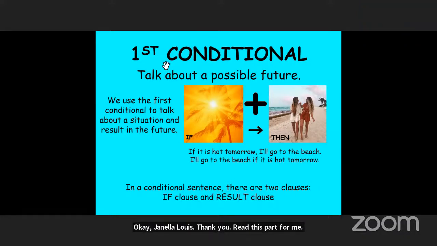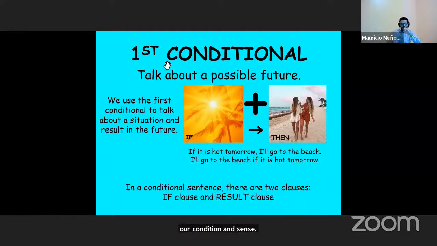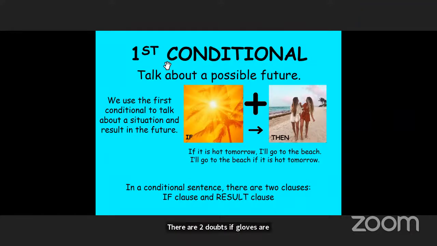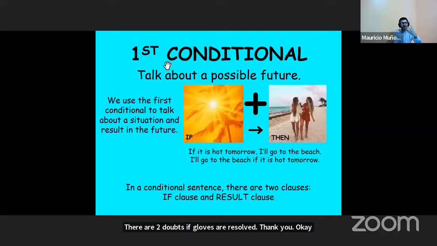In a conditional sense, there are two clauses, if clause and result clause. Thank you. Okay. Let's remember that the word if is the clause of the condition. The other one is the result. Okay. Condition, result, or action and consequence. Nice.